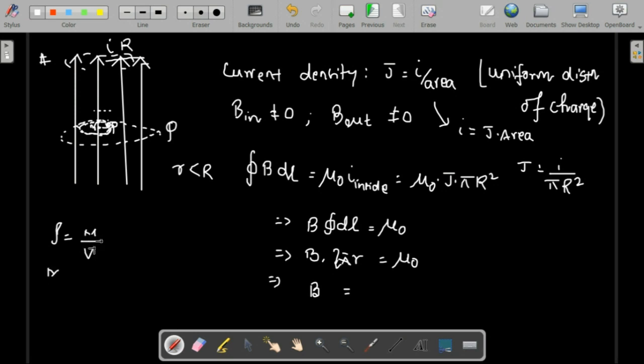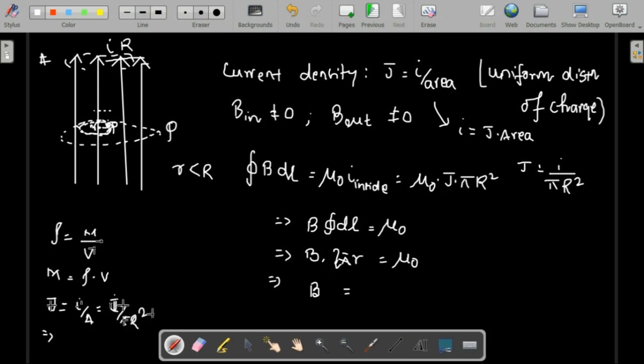That means if you want to find out the mass, it is nothing but density into volume, whichever volume you are considering. Similarly, if you are considering current density as I divided by A, for the entire cylinder, this is my current density: I divided by pi capital R square.